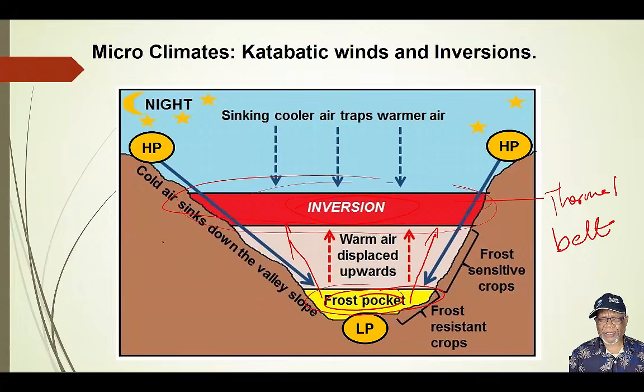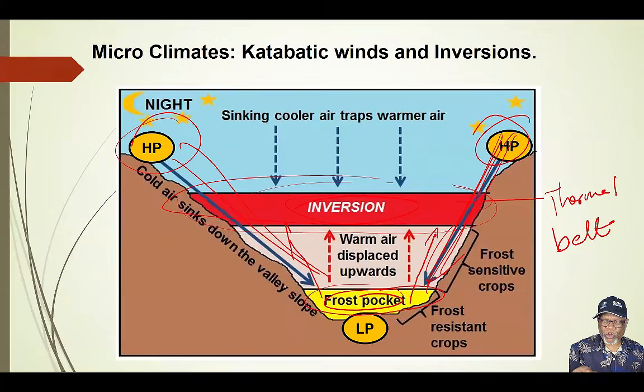So this takes place during cold, calm winter nights, where you're going to experience cooling because of terrestrial radiation, with cold air accumulating and more and more cold air subsiding.